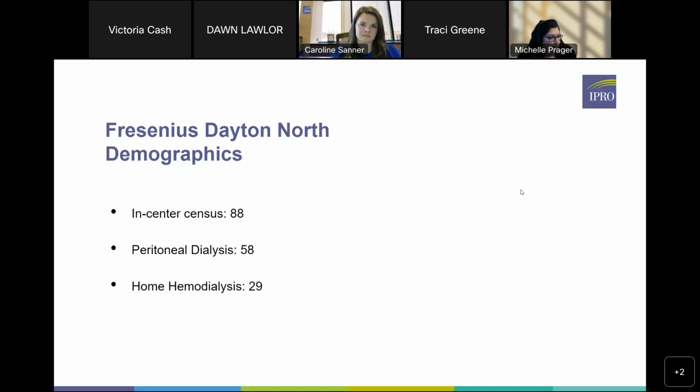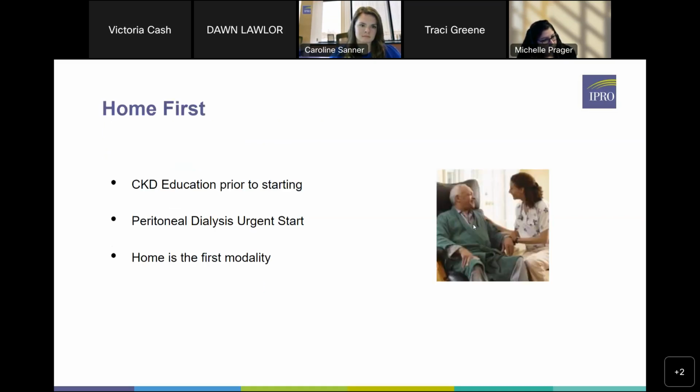So we decertified 8 of our chairs at Dayton North and added 5 treatment chairs. And I think our goal is we will be doing that in all of our clinics based on the needs that we have of sending everybody home. You can turn it to the next slide, please.